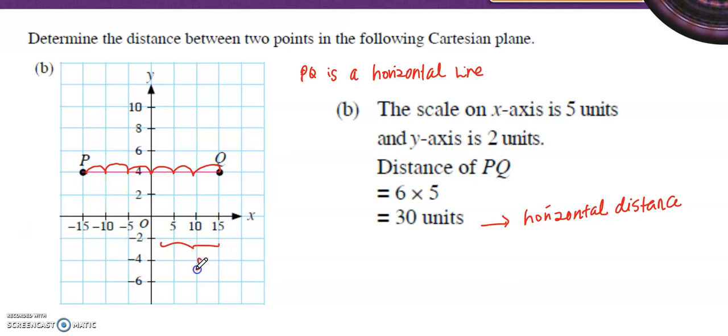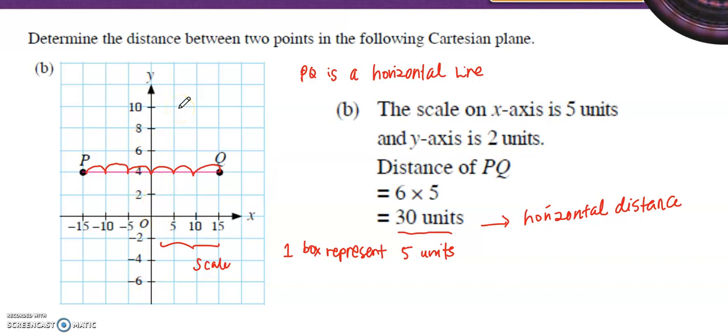Kalau tak silap satu kotak ni represent 5 units. So when you calculate 6 boxes just now, 6 times 5 units, the distance for PQ is 30 units. It's not 6 units, but it is 30 units because one box refers to 5 units. Kalau you tengok pada y-axis, satu kotak ni represent 2 units.